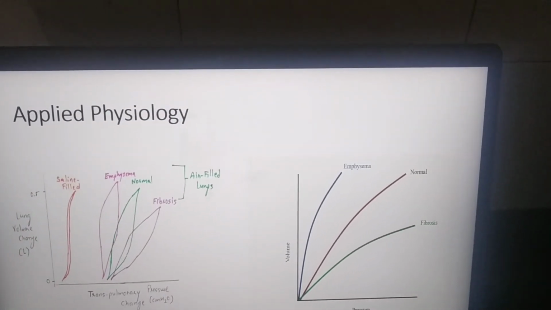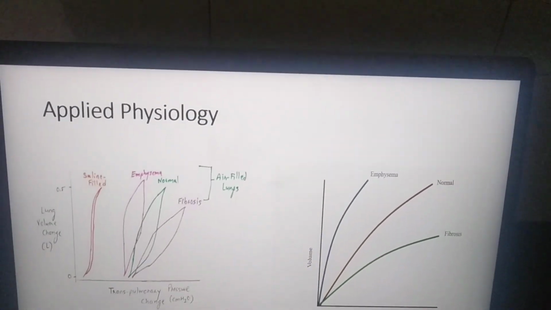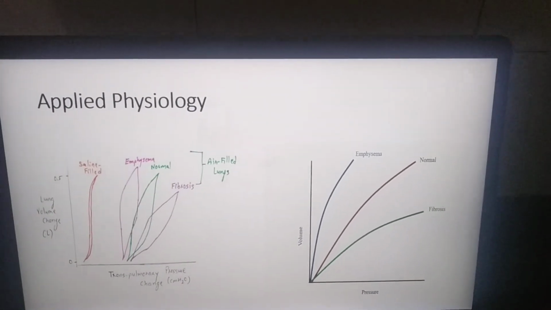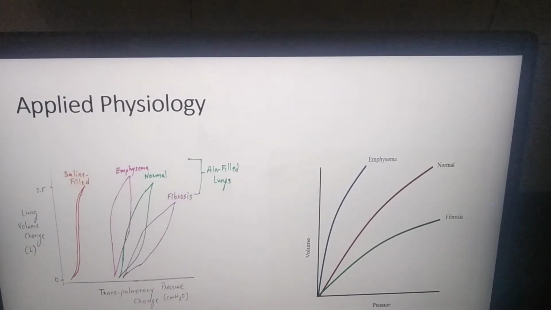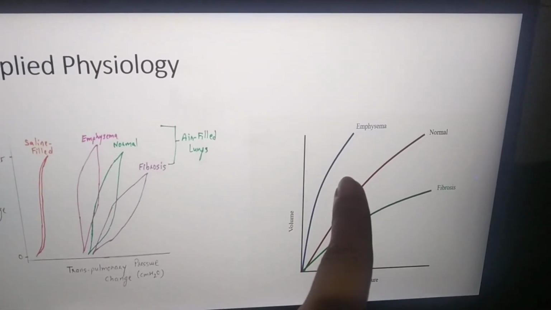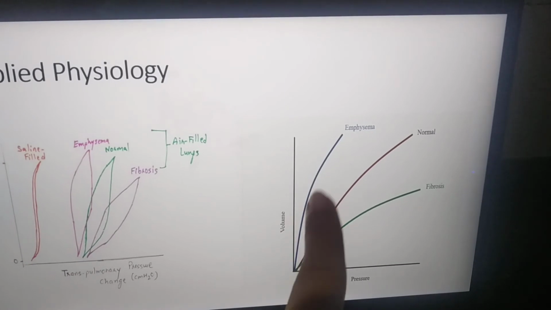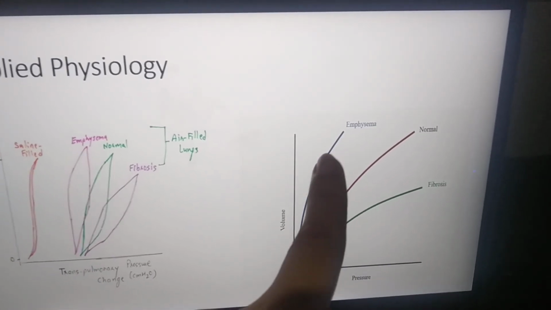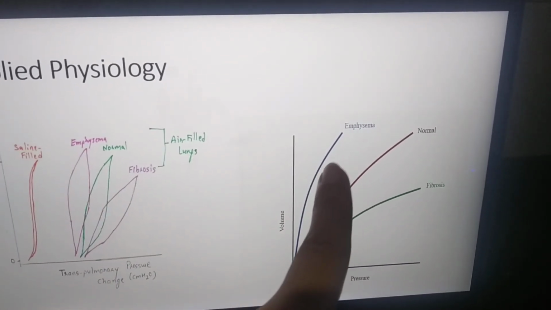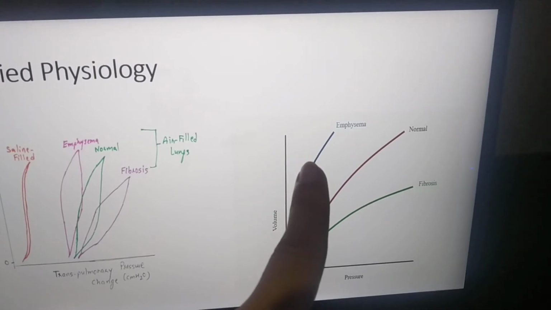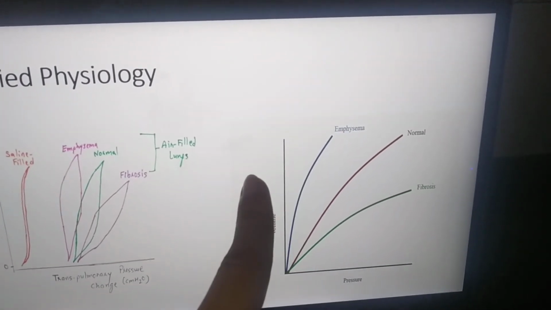But as there is destruction of the alveolar septa, the surface area for gas exchange is decreased. With a very small change in pressure, there is an increase in the volume of the lung. Compliance is very much increased. The curve will be shifted upward and in the leftward direction.